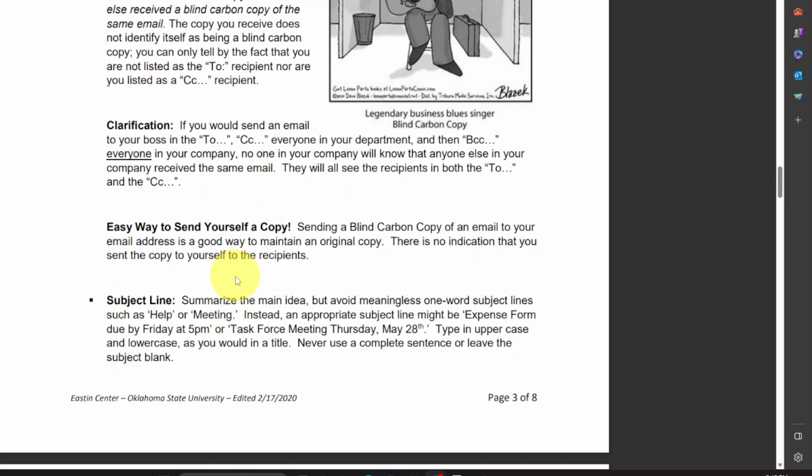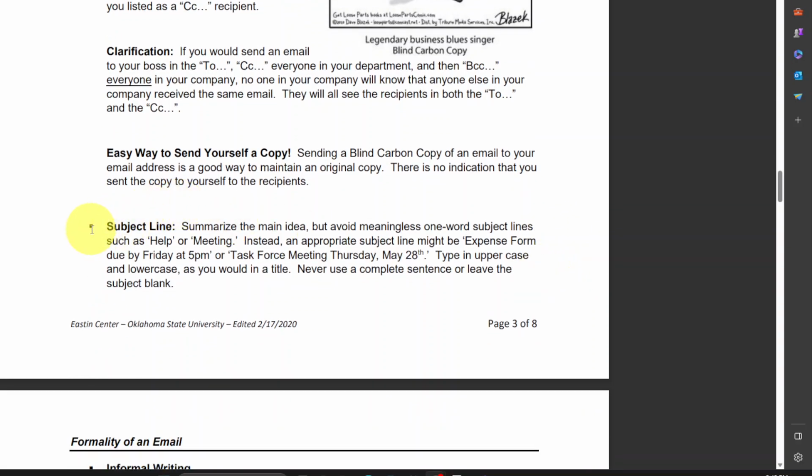Easy way to send yourself a copy. Sending a blind carbon copy of an email to your email address is a good way to maintain an original copy. There is no indication to the recipient that you sent the copy to yourself. Subject line. Summarize the main idea, but avoid meaningless one-word subject lines such as help or meeting.